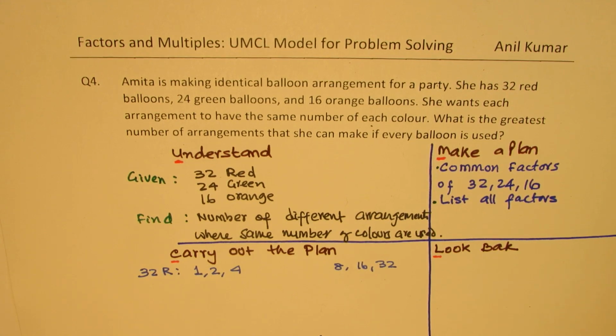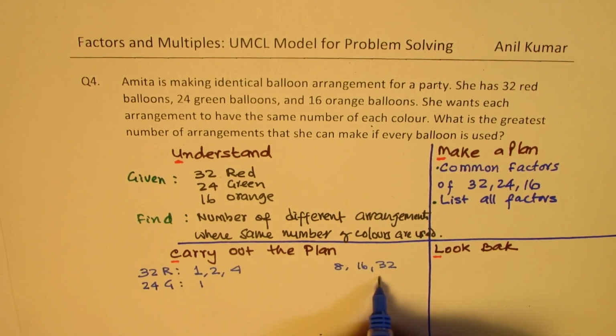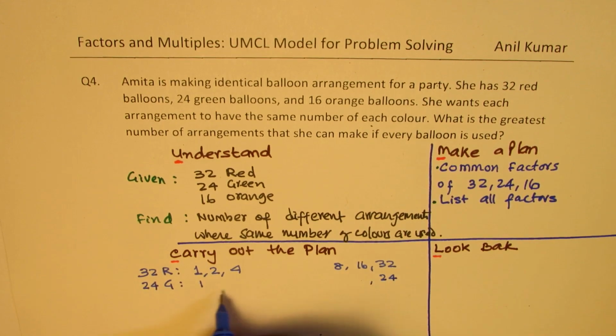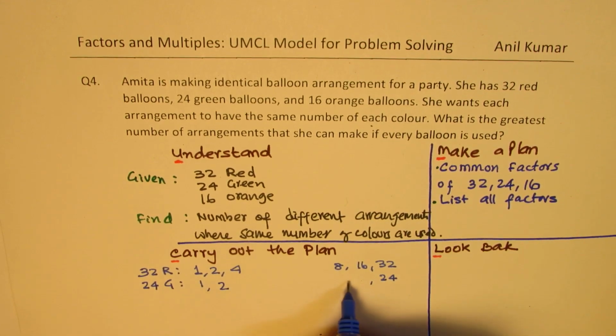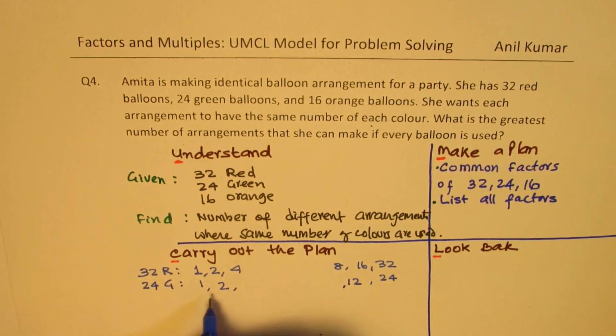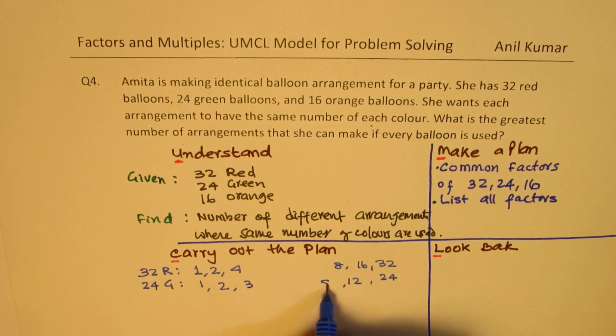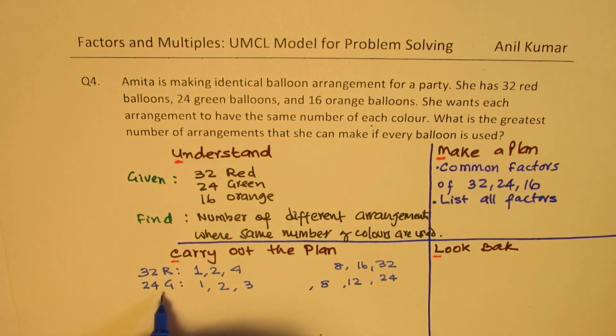Now, let's write down the factors for 24, which is the color green. In 24, again 1 and 24. Then 2 and 12. It goes 3 times, 3 and 8. And goes 4 times, 4 and 6. That's fine.